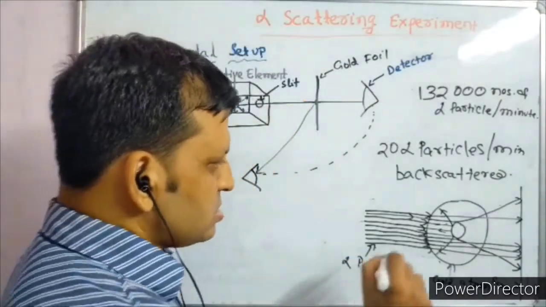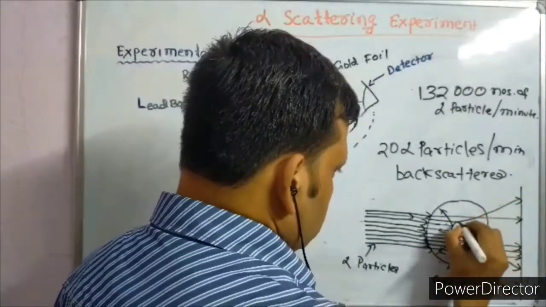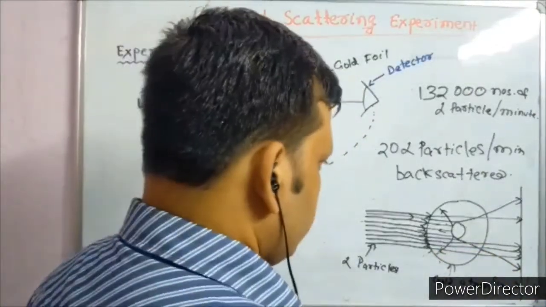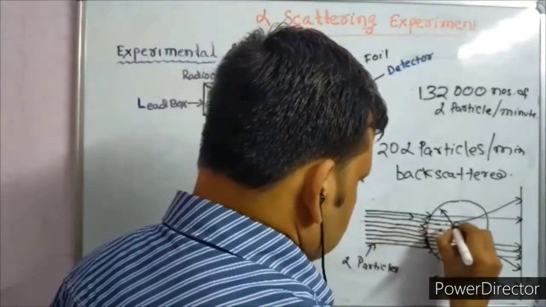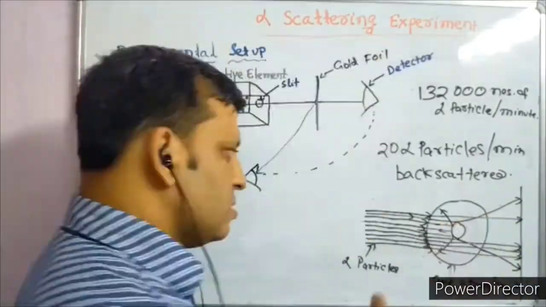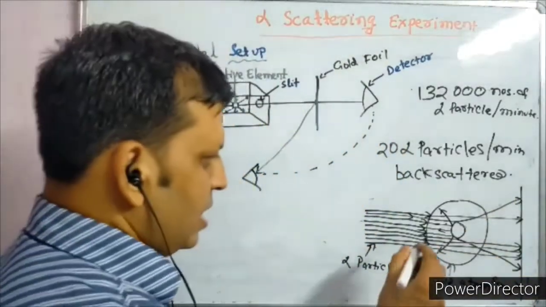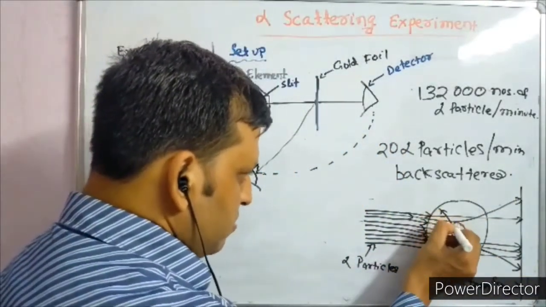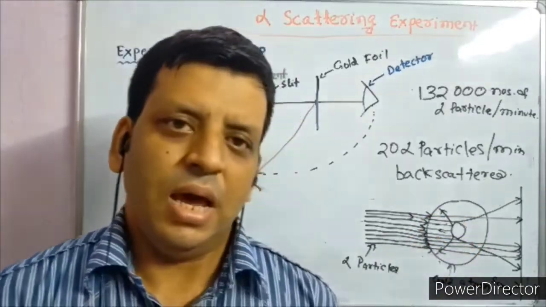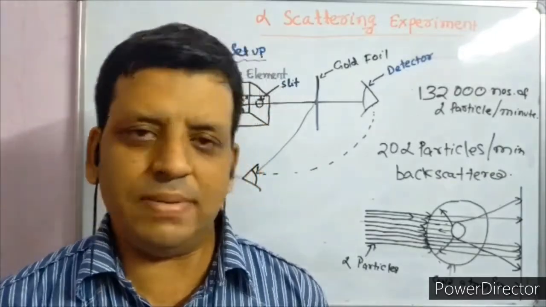And because he saw some deviations like this, around 1 degree from the straight line, the number of these deviations was very small. And again, this is our backscattering. The backscattering also took place, and as you can see, the number of backscattering events was also very small.